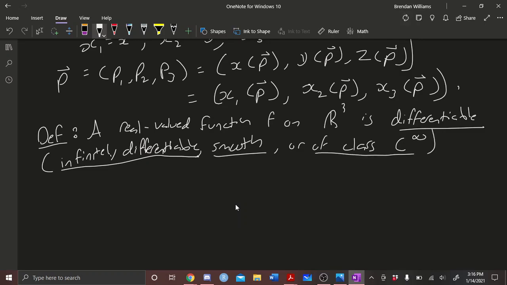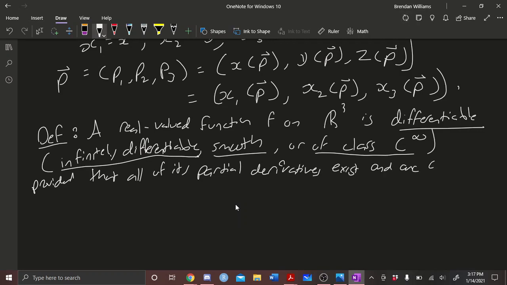And this happens when all of its partial derivatives exist and are continuous, provided that all of its derivatives exist and are continuous. Okay.